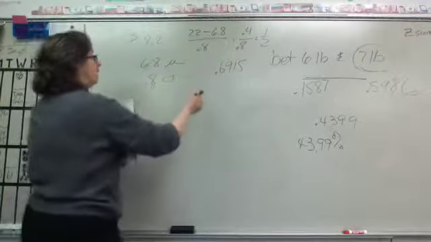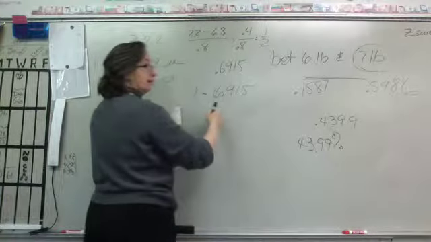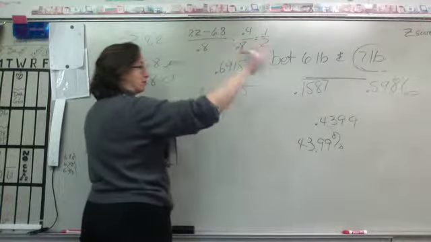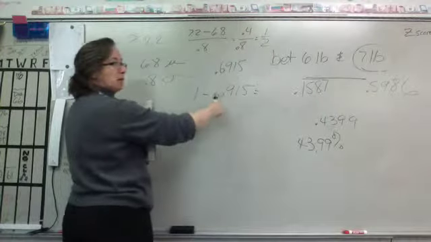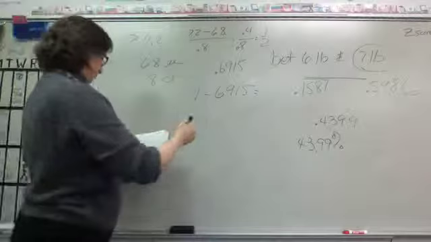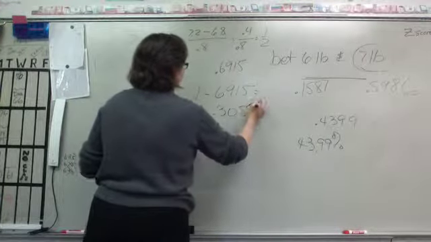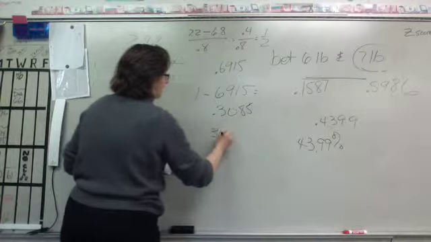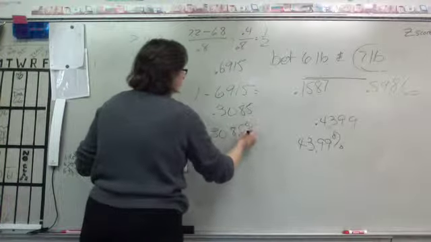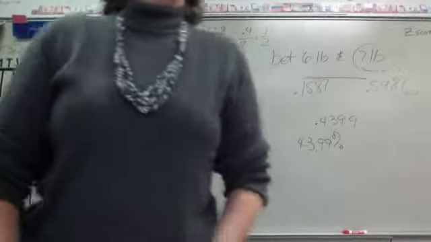So we're going to have 1 minus 0.6915. That will give us the number of babies that lie to the right. When I do that subtraction, it's 0.3085, so 30.85% of all the babies are bigger than that.